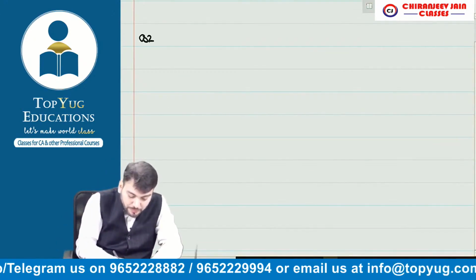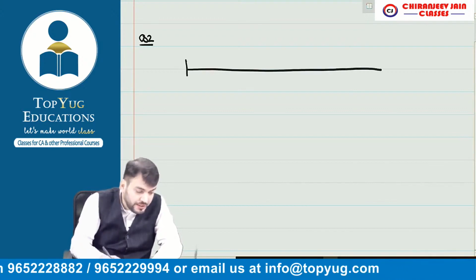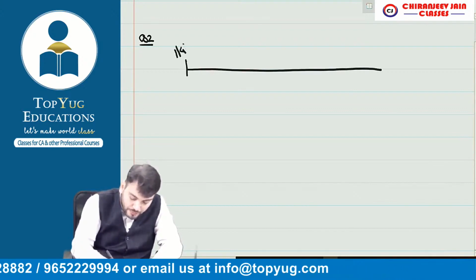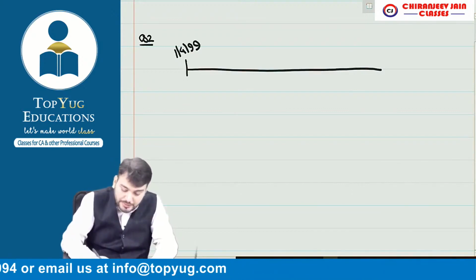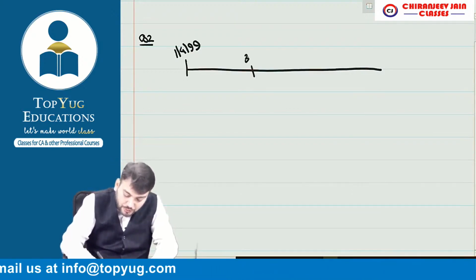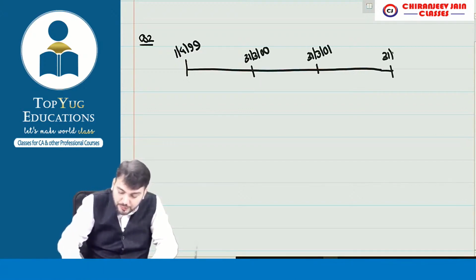So we are doing question number 2. What is the grant date? It is 1/4/1999. Correct? And they said 2.5 years. So this becomes 31st March 2000, this becomes 31st March 2001, and this becomes 31st March 2002.